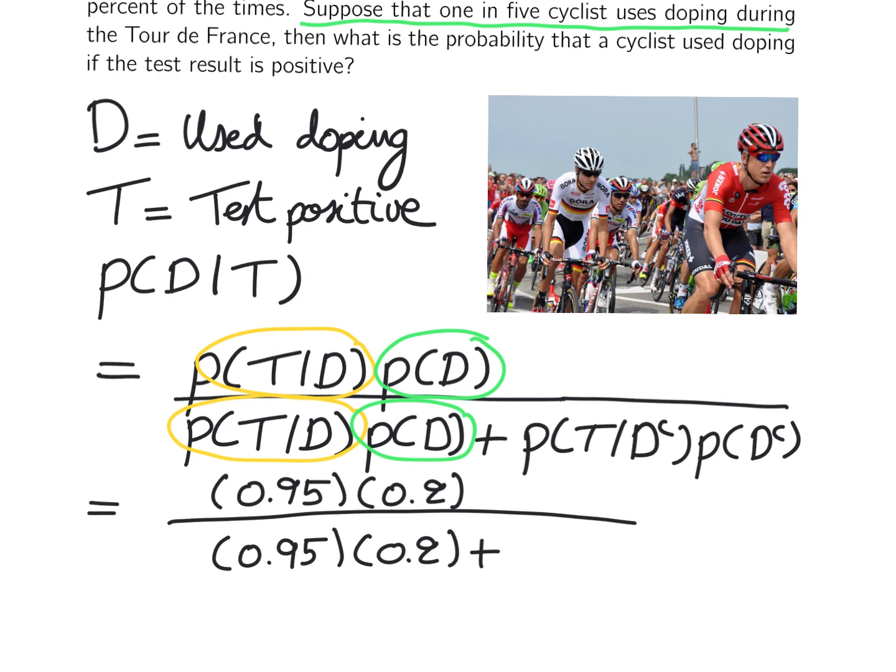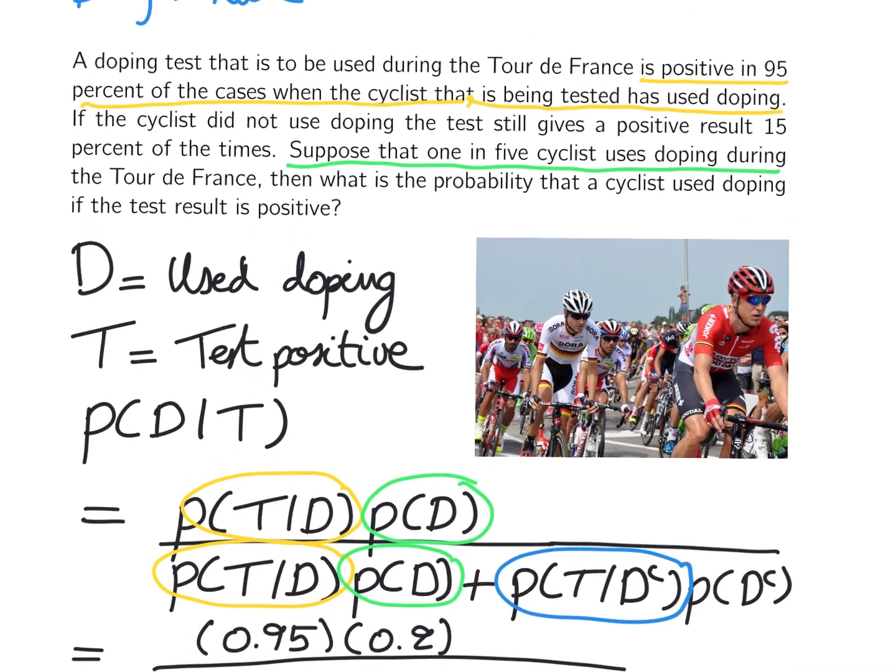Let's take a look at the second term. So here we have the probability of T given D complement. And like I already said, D complement is the event the cyclist did not use doping. So the probability of T given D complement is actually the probability that the test is positive if the cyclist did not use doping. What is that probability equal to?